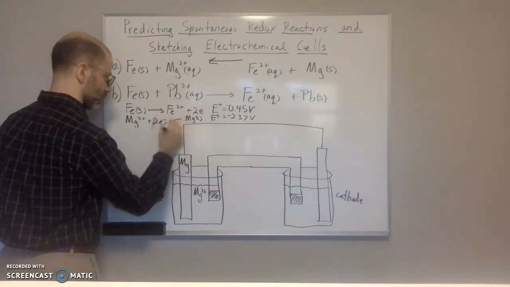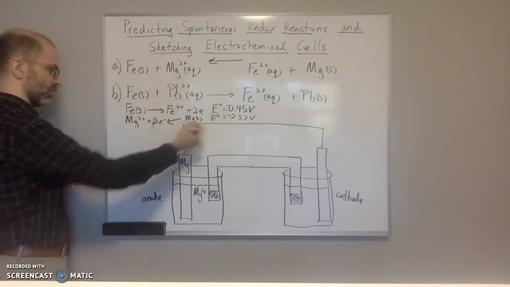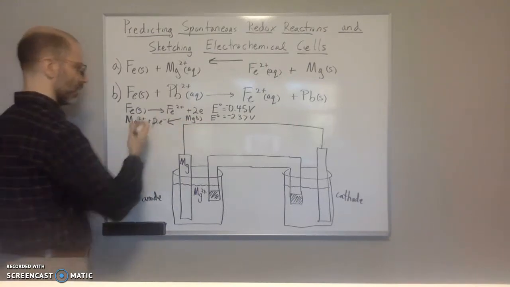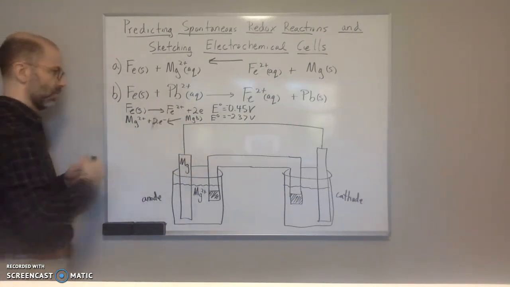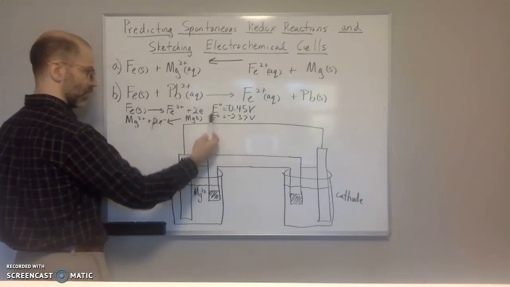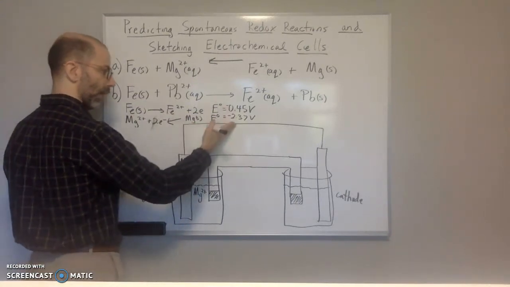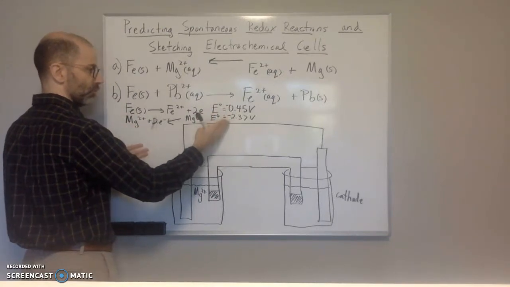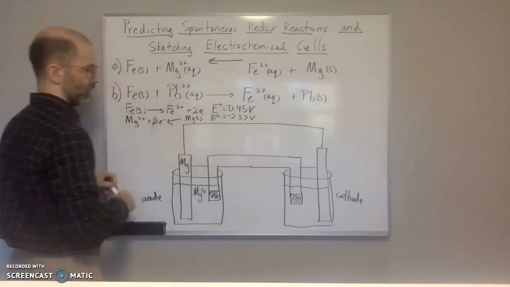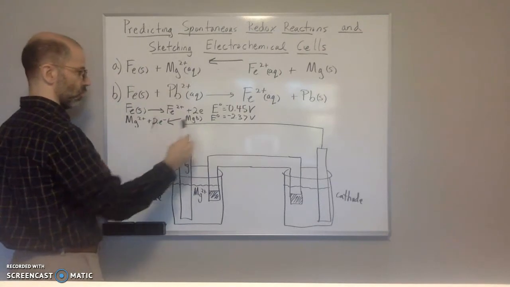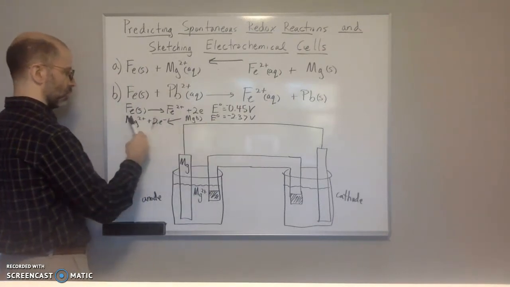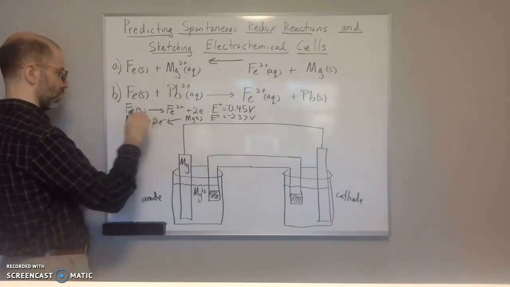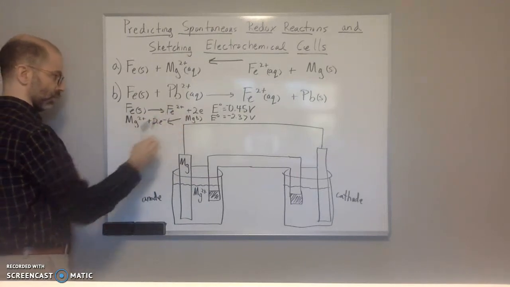The reaction is going to go in that direction. So magnesium is going to give off the electrons, remember? The electrons are going to move away from the more negative electrode potential to the more positive electrode potential, so from the magnesium to the iron 2+.